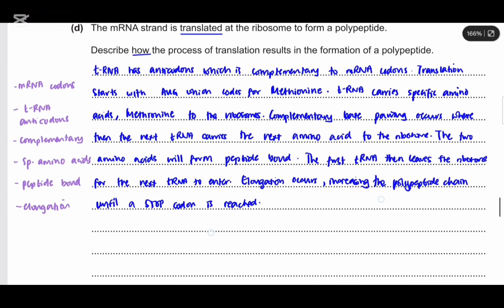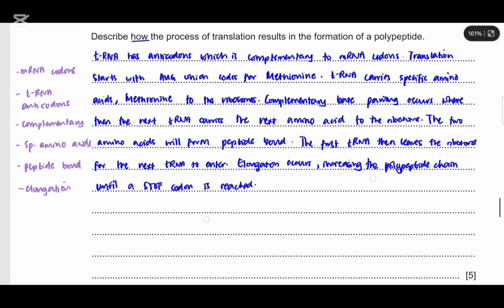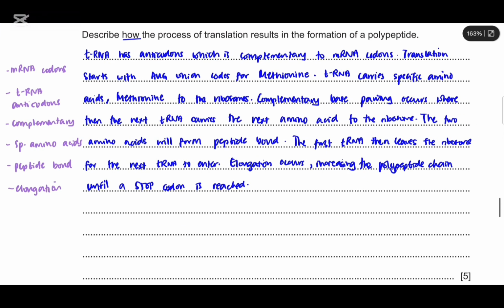All right, so this is how I would write down my answer for 5 points. Let's have a look. tRNA has anticodons. What is an anticodon? Basically, the codes that are complementary to the mRNA codons. Why is that important? Because when translation starts, it starts with AUG on the mRNA codon, which codes for methionine.